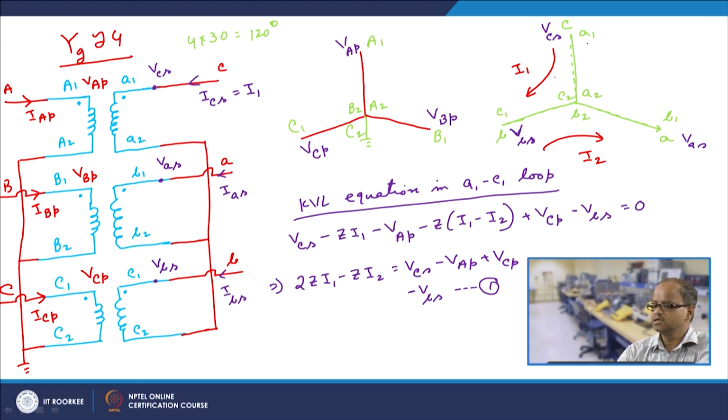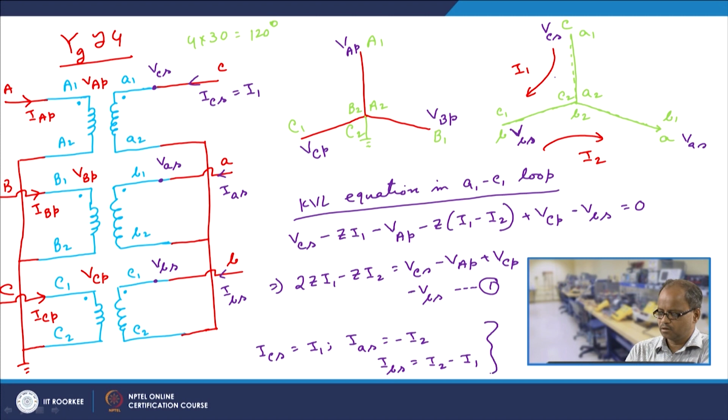Now ICS is equal to I1, and then we can write down IAS is equal to minus I2, and IBS is I2 minus I1.